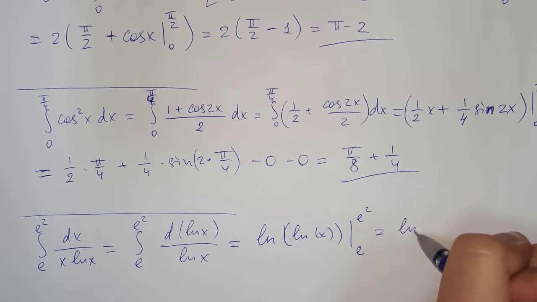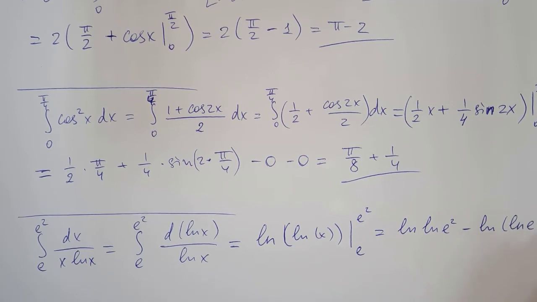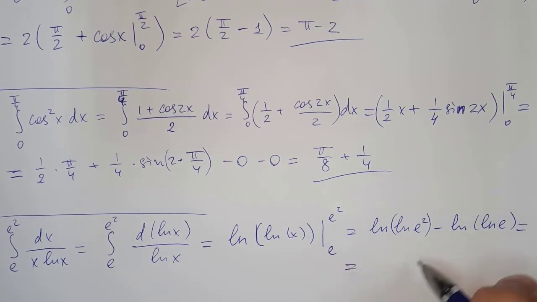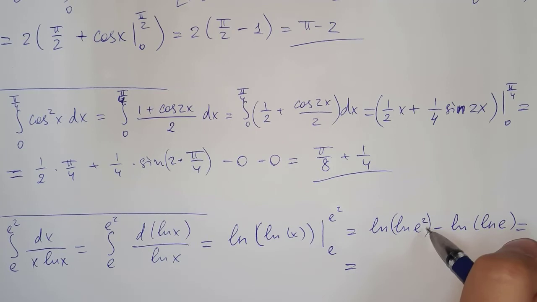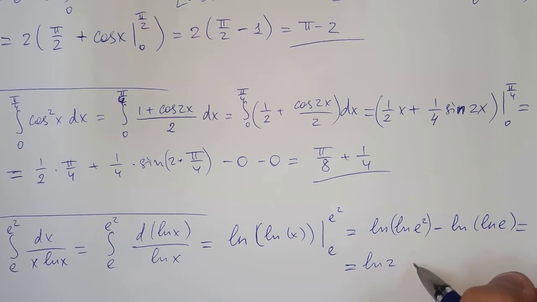So it will be natural logarithm of natural logarithm of e squared minus natural logarithm of natural logarithm of e. Now it equals natural logarithm of 2, and here natural logarithm of 1, which is just 0. So the answer is just natural logarithm of 2.